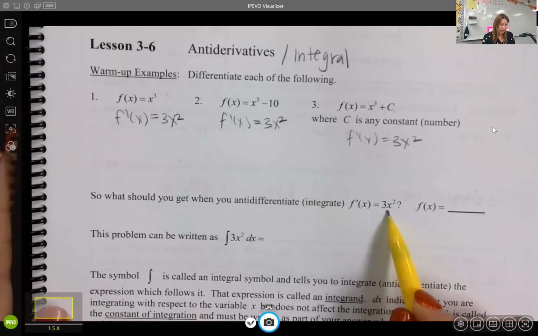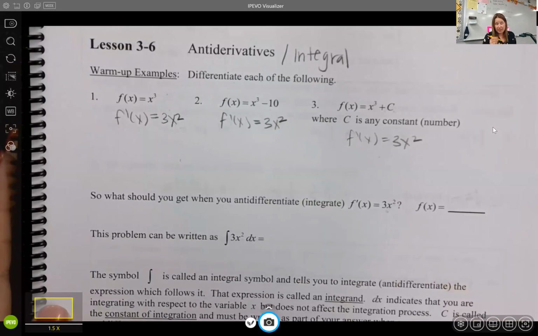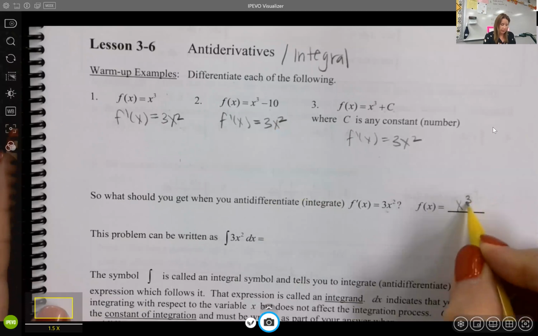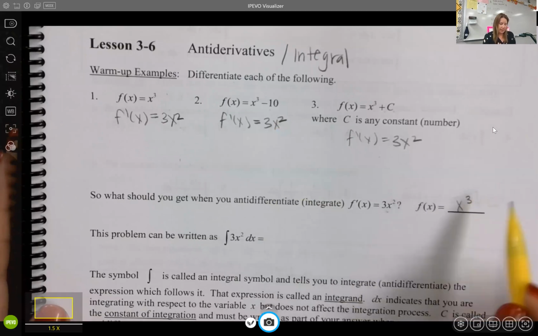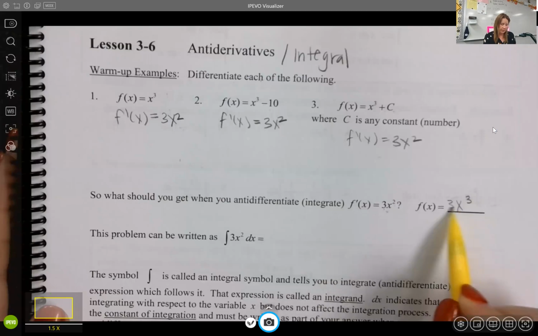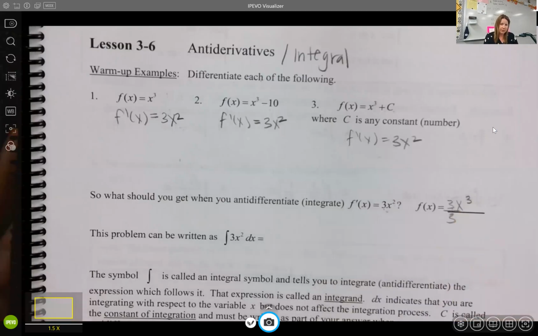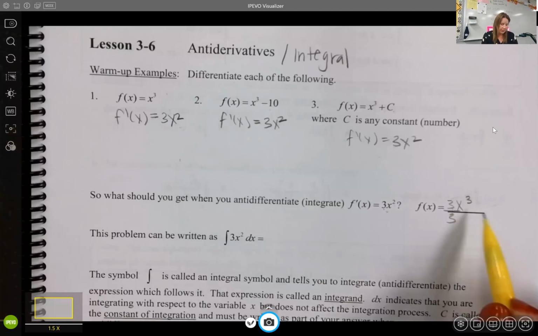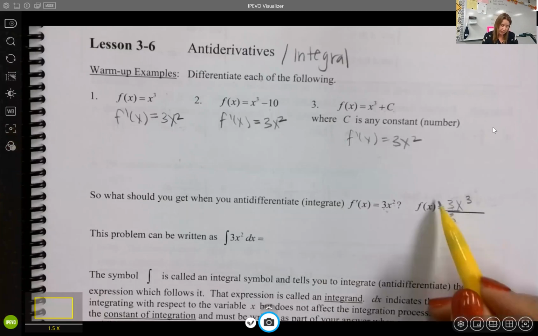So if this power is a 2 and I'm going backwards, I'm adding 1 to the power, so that would be x cubed. And remember that the power goes down in front, so that's where that 3 comes from. So I have to divide by that 3 because it wasn't there to begin with. That was the power I brought down in front.